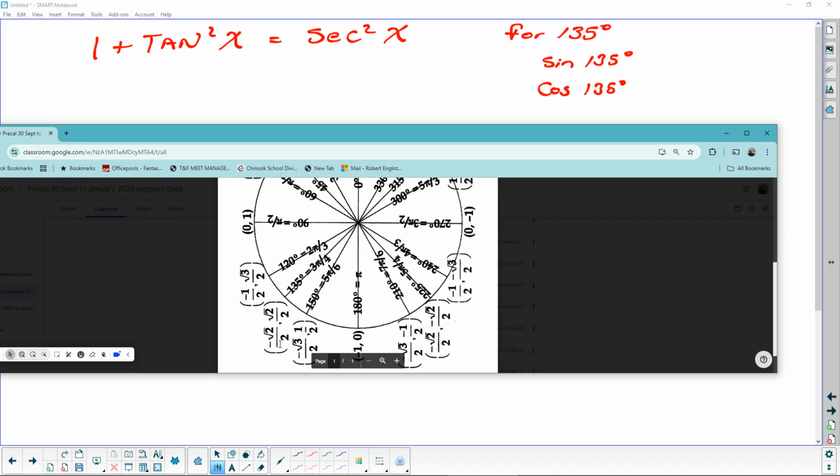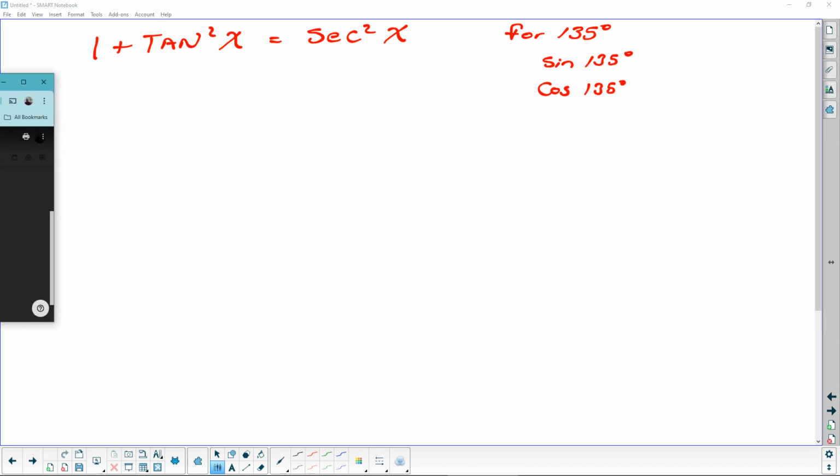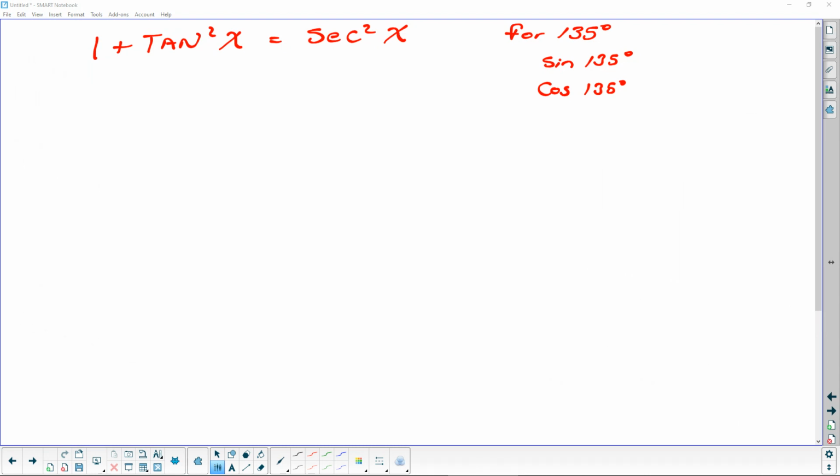So the cosine is the negative one, and the sine is root 2 over 2. Okay, so we'll just plug those in.